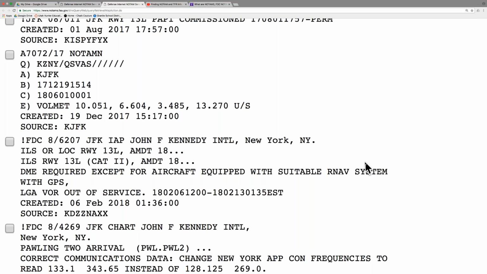So does each airport have their own person from the FAA in there doing this, or is it kind of like a collective? Yeah, basically the facility.